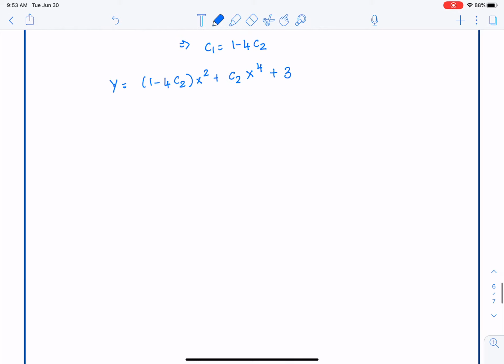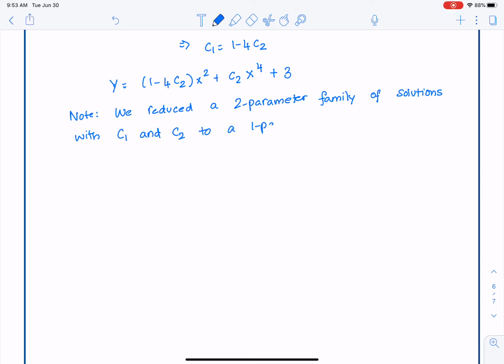Note, we reduced a 2-parameter family of solutions with c1 and c2 to a 1-parameter family of solutions with only c2. Why is that the case?